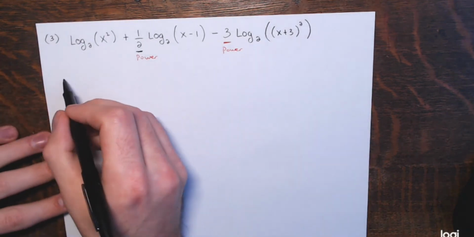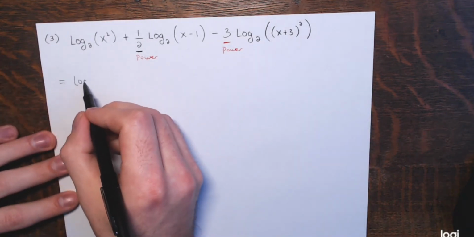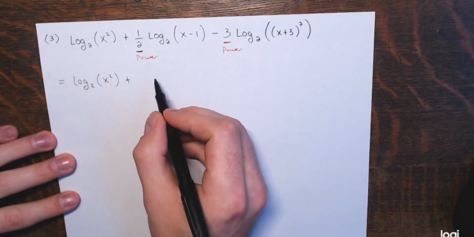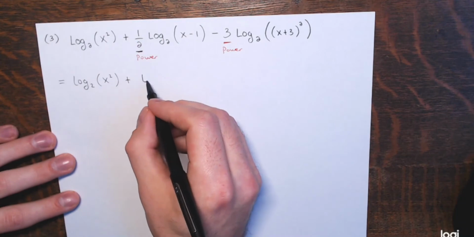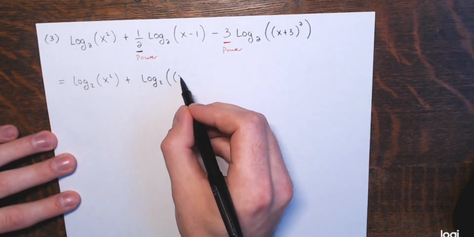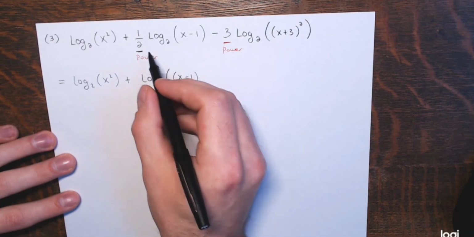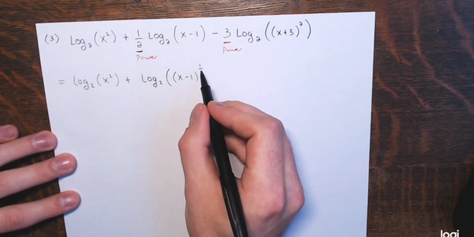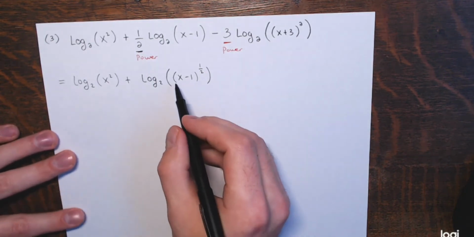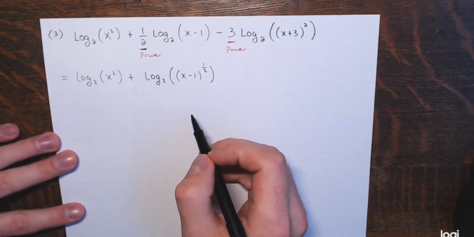So we have the log base 2 of x squared plus, and then this half goes inside. We have the log base 2 of this x minus 1 in there to the half power. And you can leave it this way if you wish. You can also write this as the square root of x minus 1.